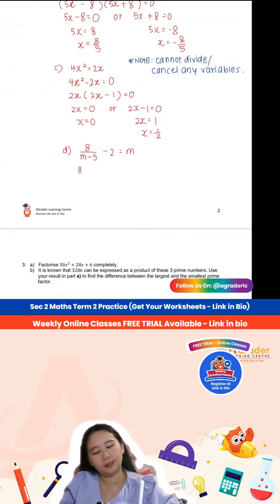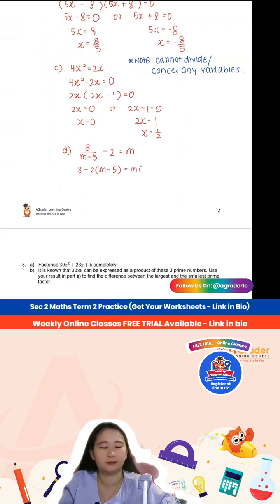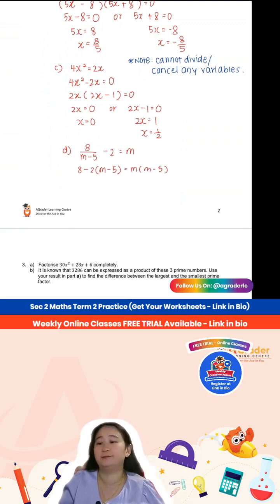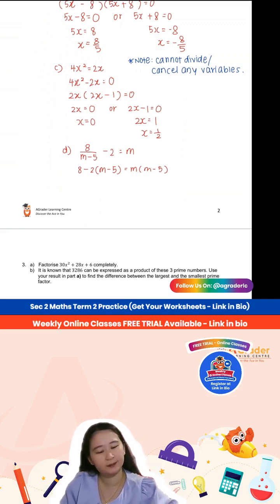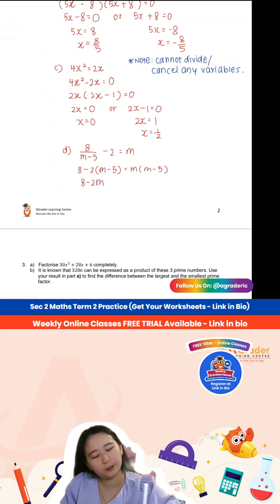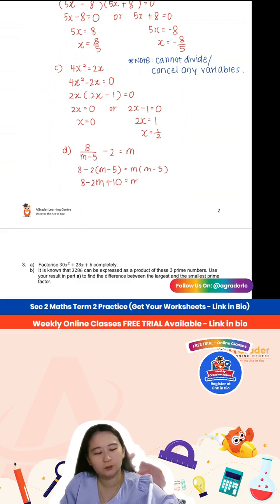Okay, so 8 minus 2 times m minus 5 equals to m times m minus 5. Then we expand and simplify. So we have 8 minus 2m plus 10 equals to m squared minus 5m.